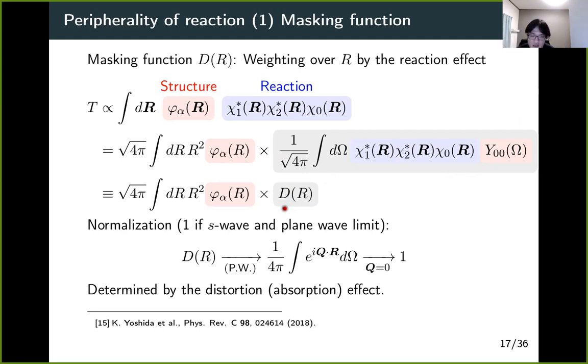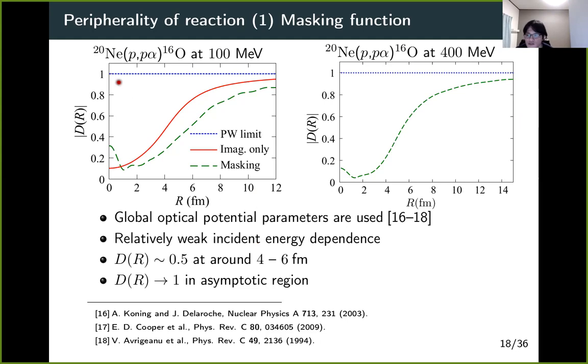By this definition, in the plane wave limit, D goes to unity, which means there is no absorption or suppression in the internal region.